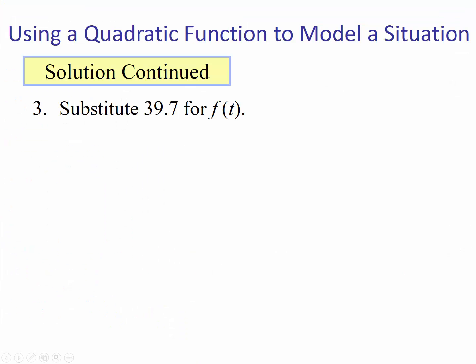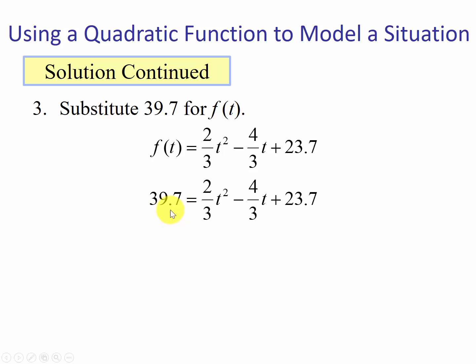And finally, number 3, so substituting 39.7 for f of t, we have this equation. One way of solving this is to subtract 39.7 from both sides of the equation, so that one side is 0, and then we need to find the t-intercepts for this quadratic function.